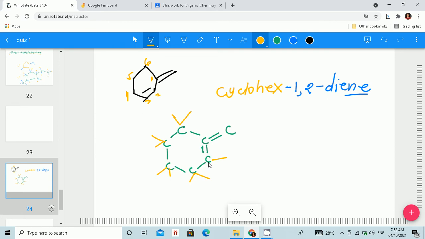It's already 4. And then we have this one. We cannot put another bond here because this carbon already has 4 bonds. And this carbon needs 2 bonds. So let's write 1, 2. And then we will distribute the H's.